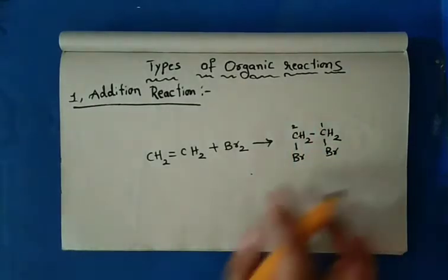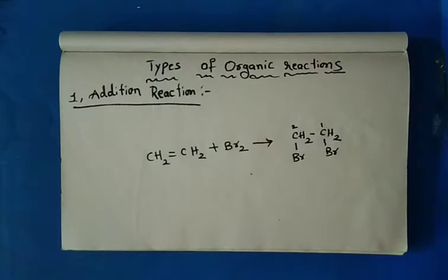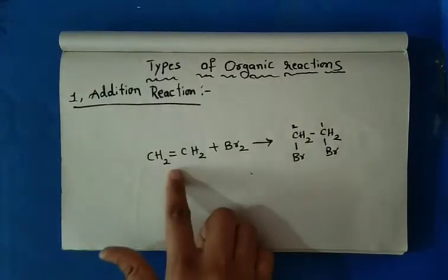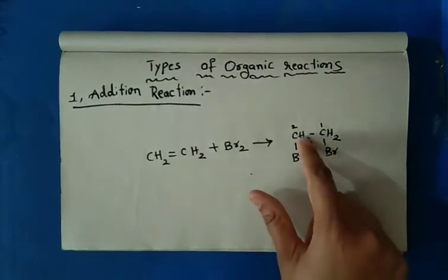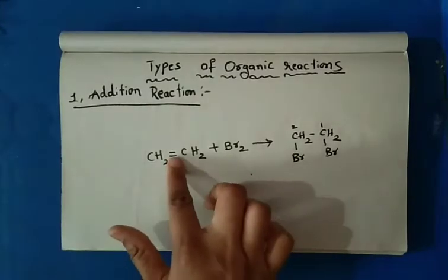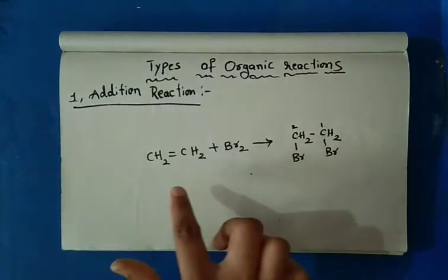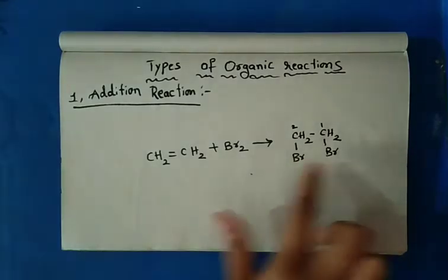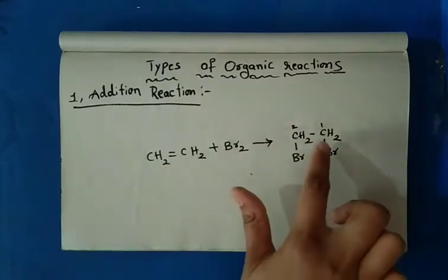In CH2 CH2 a double bond is there, but in the product a single bond is there. So it is a bond breaking reaction. The substrate has a double bond, but afterwards it becomes a single bond.